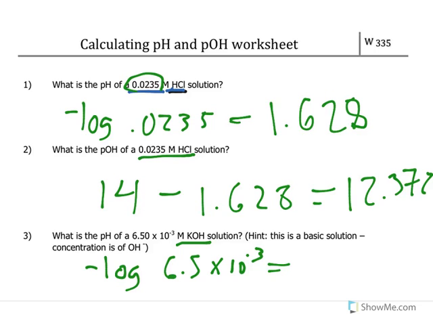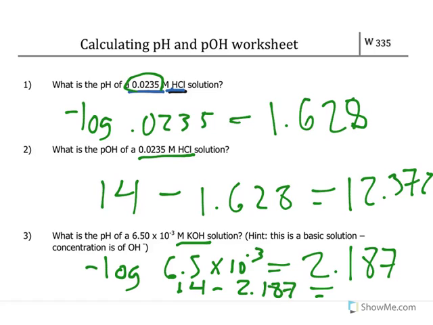So we'll first solve for the pOH. And that gives us a pOH of 2.187. But pOH isn't what it asks for. It asks for pH. So once again, we'll look at our chart and say, okay, to convert from pOH to pH, we're just going to do 14 minus 2.187. That gives us a pH of 11.81.